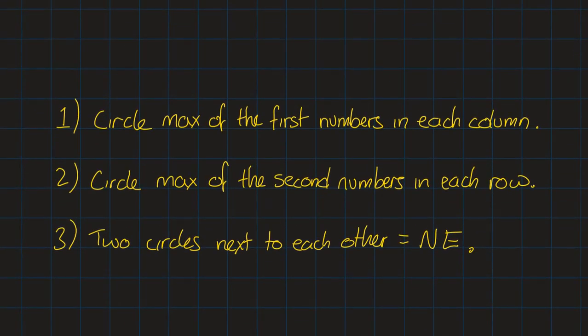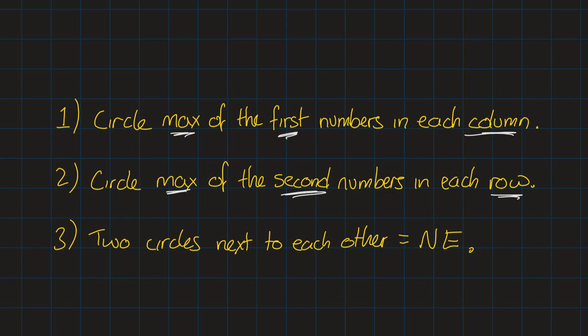And here it is. So it's just this method, okay? The idea is you circle the maximum of the first numbers in each column. So you look at the payoff matrix and the first numbers in each column, you circle the maximums. You circle the maximum of the second number in each row.